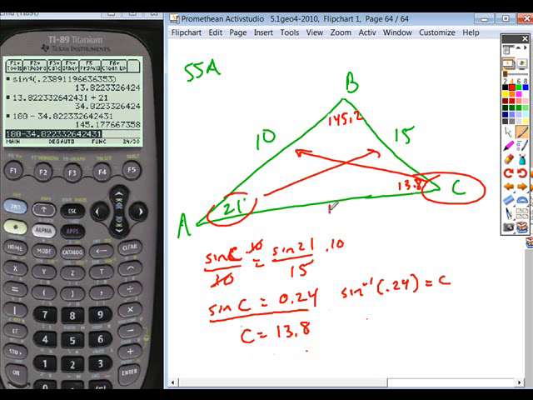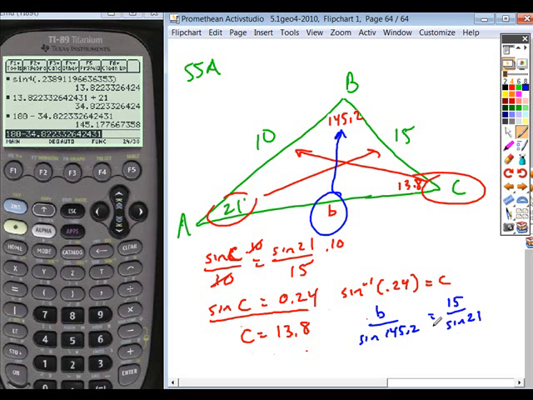The last thing we need to do is solve for B. So we can set up our ratios, again, using law of sines. B over the sine of the angle opposite that is equal to the known ones. So here, 15 over the sine of 21.